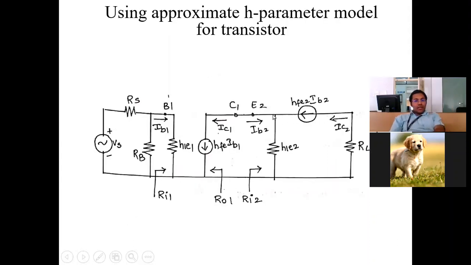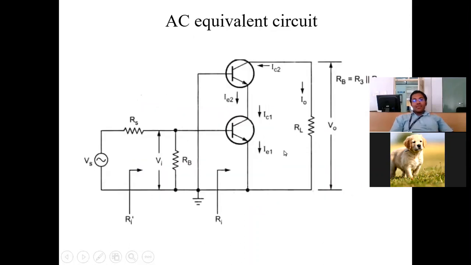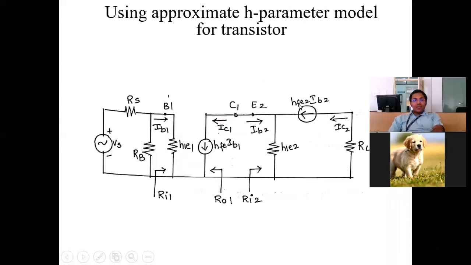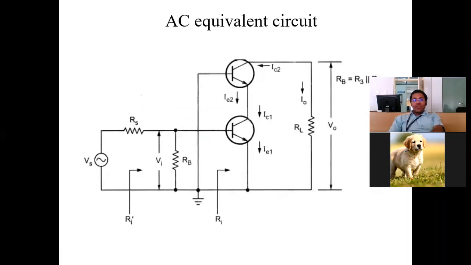Next, between emitter and collector, HFEIB. The collector is now the output terminal, the overall output. So between the emitter and the overall output, I should write HFEIB2, because it is the second transistor. Next, we have this RL as it is.